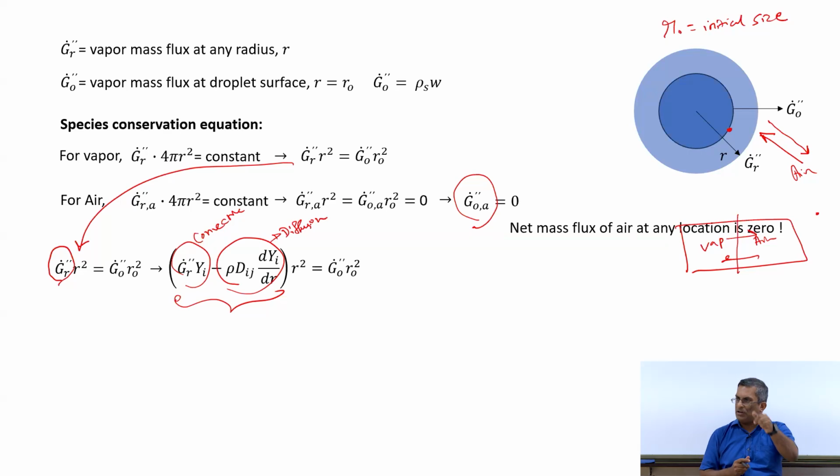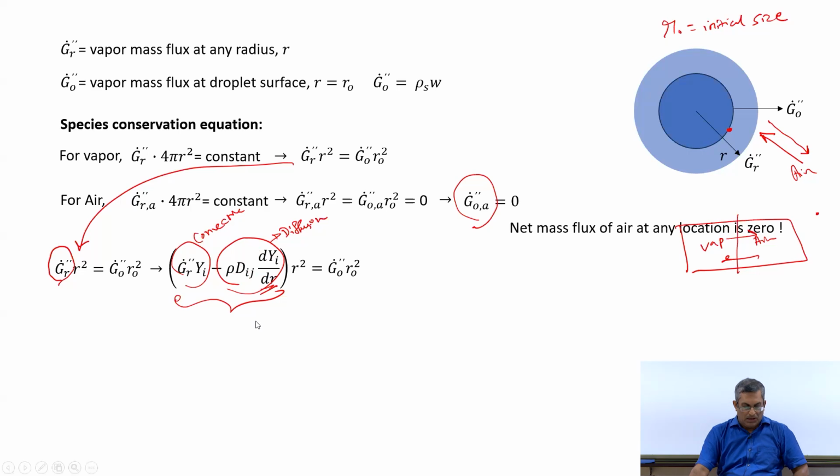So, according to Fick's law of diffusion, the diffusion flux is given by minus density times the diffusion coefficient times the gradient of the vapor mass fraction. Okay. So, here we are using Fick's law of diffusion, which itself is a model for diffusion.